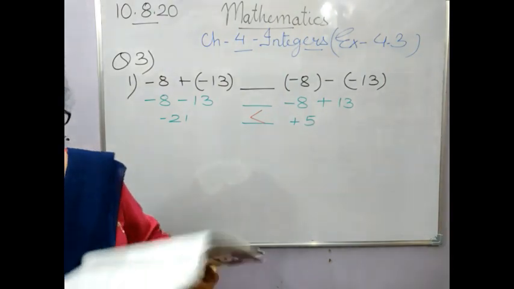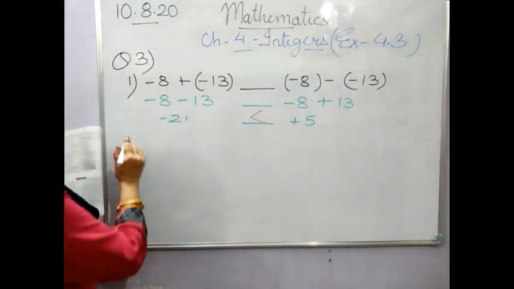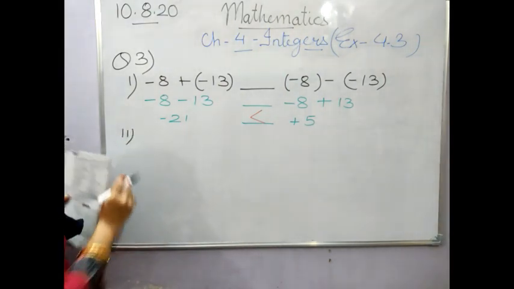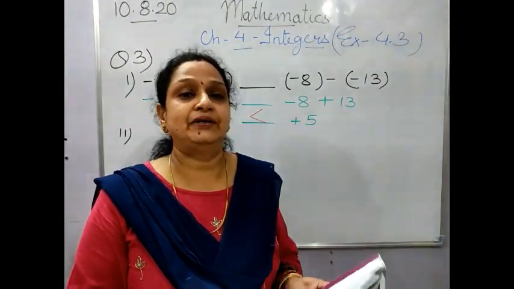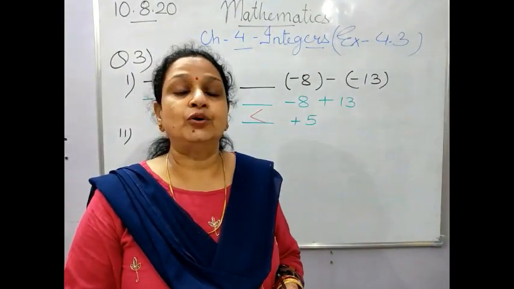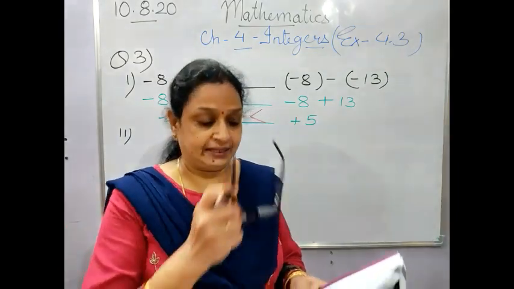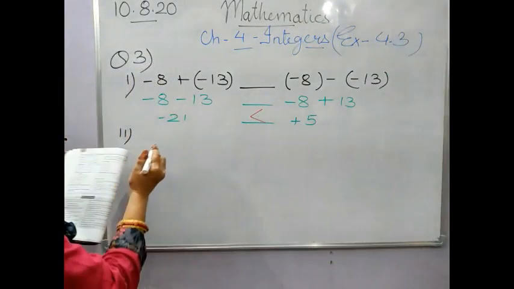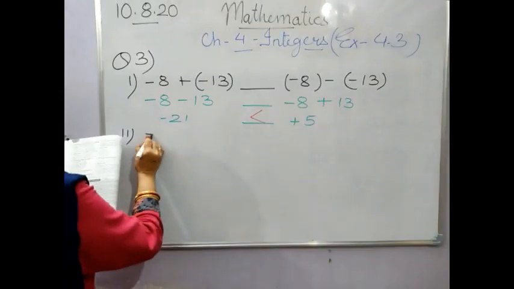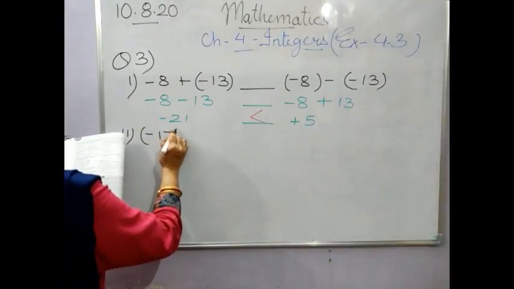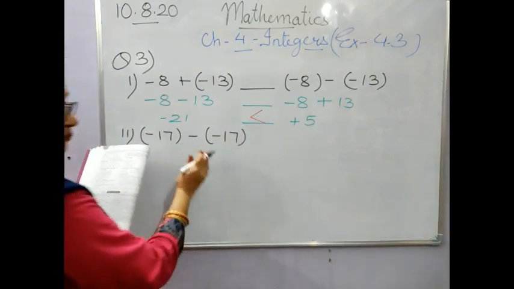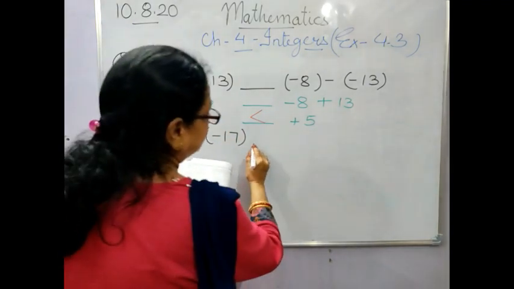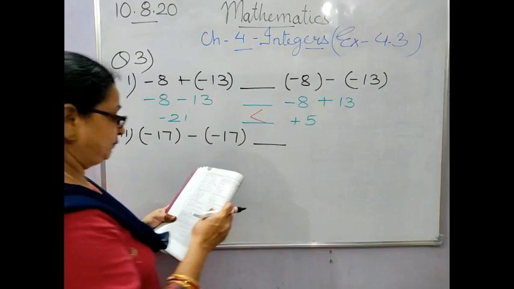See the next one, the second one. Children, whatever I am doing on the board and whatever sums are remaining, you have to practice them in your practice copy. Then only you will be able to do it perfectly. So the next one I will tell you, minus 17. It looks simple, but when you solve it, you will put a dash where you will put the sign.